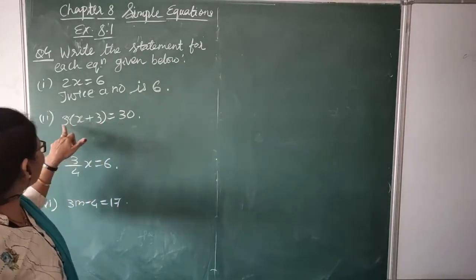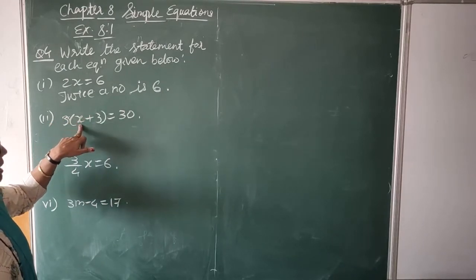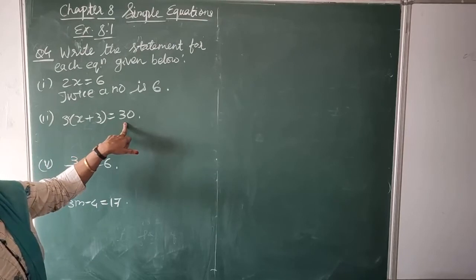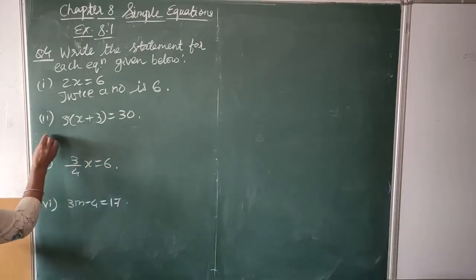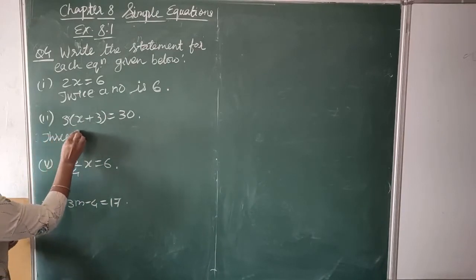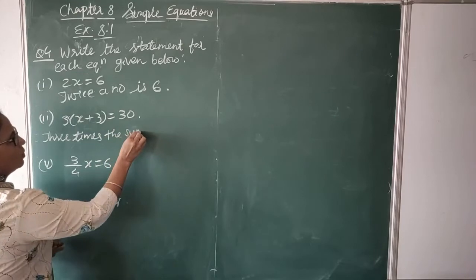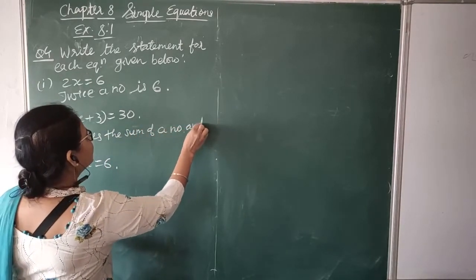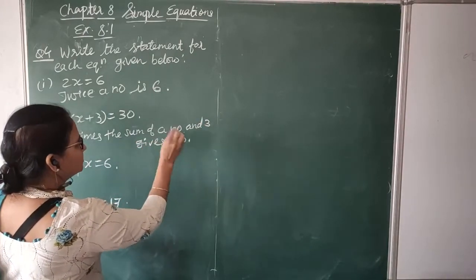Or you can write thrice the sum of a number and 3 gives 30. Gives or is, both are the same. So you can write 3 times the sum of a number and 3 gives 30.